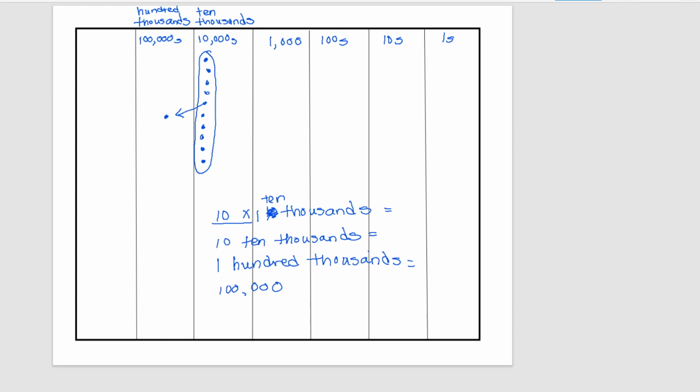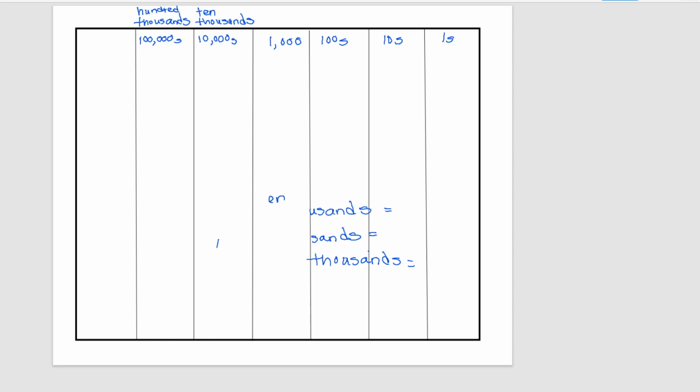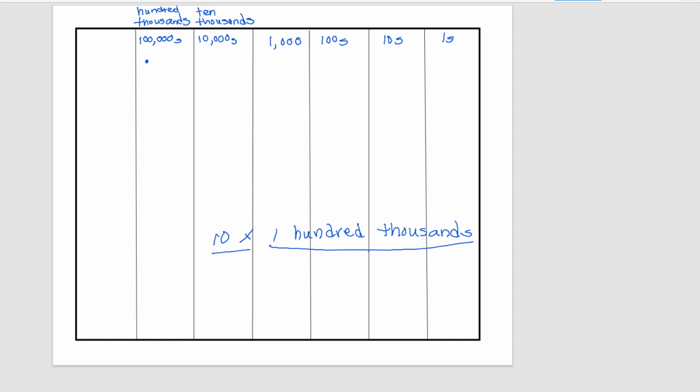All right, again, let's erase what we just did, leaving our headings. And then we're going to complete the table with 10 times 100,000. So let's do 100,000, and then we're going to do 10 times.